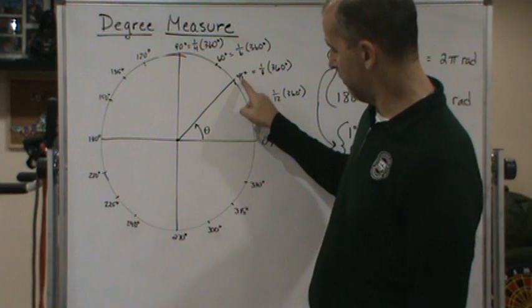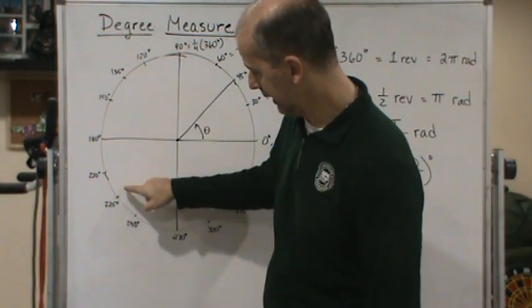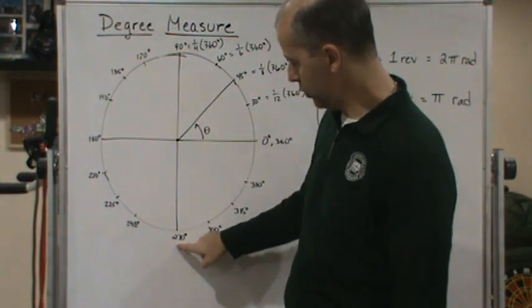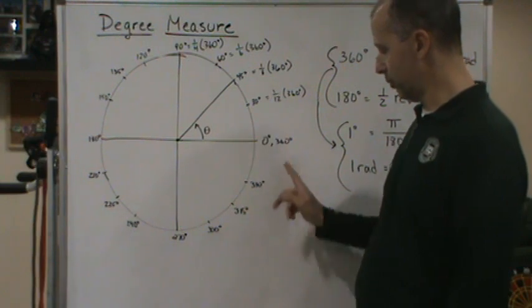Okay, and then of course the 45s: 45, 90, 135, 180, 225, 270, 315, and back to 0, or 360.